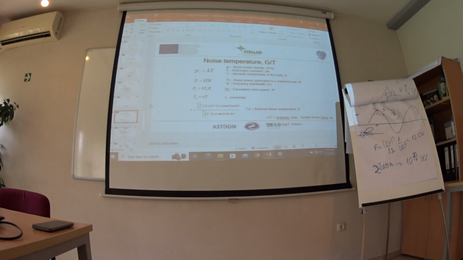If you decide to buy an antenna, you should know what is the antenna's G over T. Not only gain, but also what noise. It's like buying tomatoes from the shop. If you want to make a good shopska salad, you need good tomatoes. Not only big tomatoes, but also high quality tomatoes. Otherwise the salad will be spoiled.